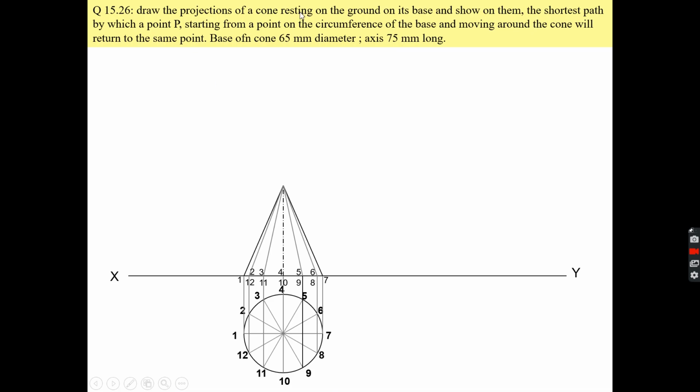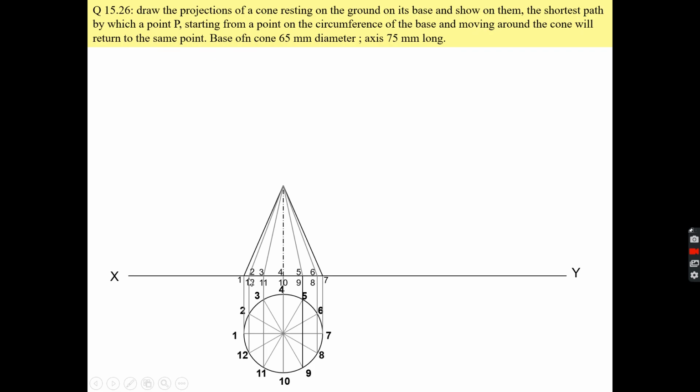In the question it is given that there is a point P which is on the circumference of the base, and it is moving around the cone and returns to the same point. And while doing that, it goes through the shortest path.